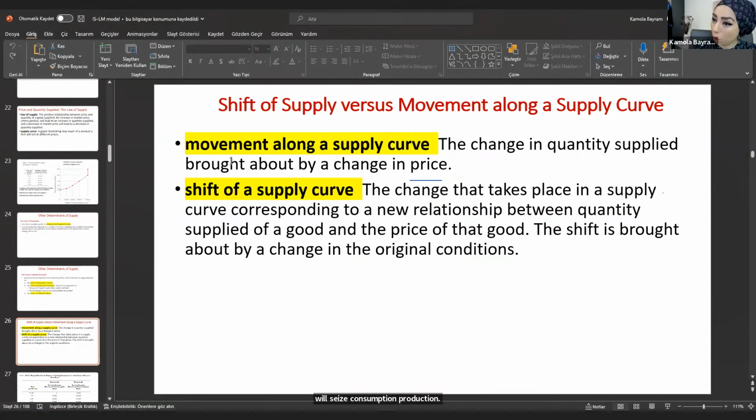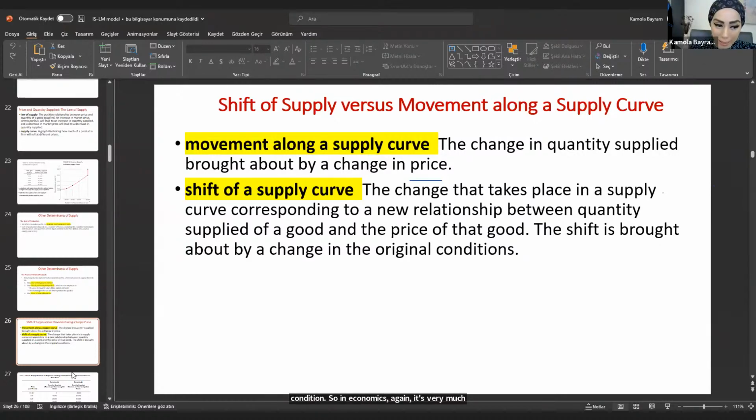Shift of a supply curve. Now, the change that takes place in a supply curve corresponding to a new relationship between quantity supplied of a good and the price of that good, the shift is brought about by change in original condition. So in economics, again, it's very much interlinked, right?